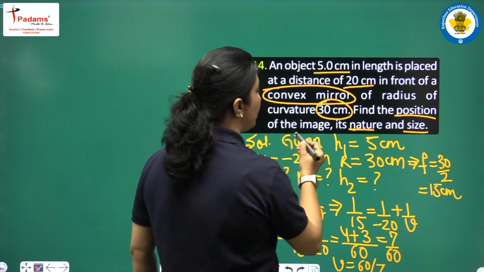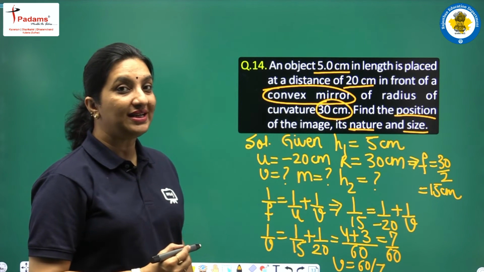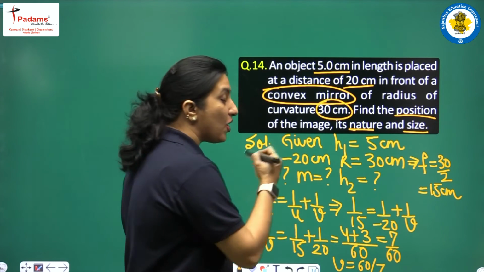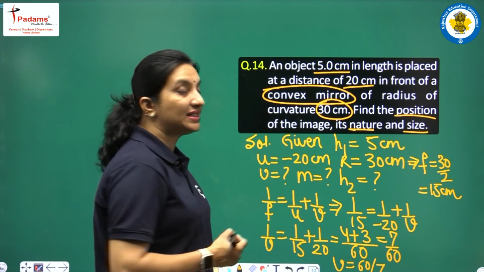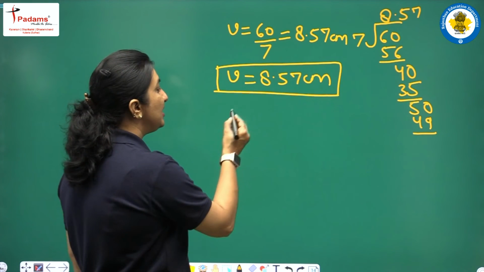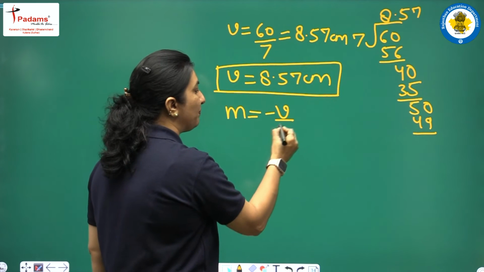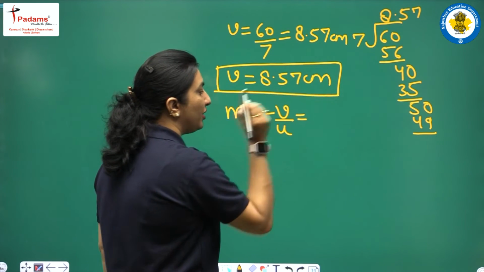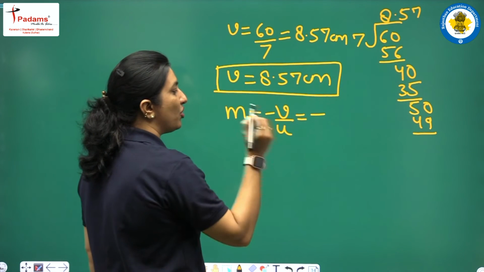We have found the position. Now we need to calculate the nature, and in order to calculate the nature we need to find the value of M. We know the value of V and the value of U is given as minus 20 centimeters. So here students, we will calculate the value of M, which is given by minus V upon U. Now here for simplicity I will take 60 upon 7.